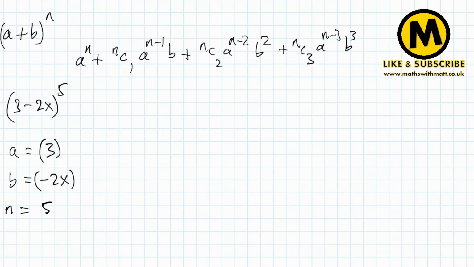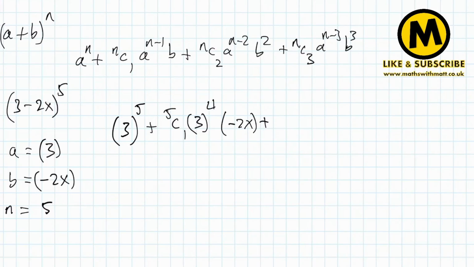Okay, let's substitute and solve in stages. We have a, which is 3, raised to the power of n, which is 5. That's our first term, plus nC1, which is 5C1, a, which is 3, to the power of 5 minus 1, which is 4, times b, which is minus 2x.